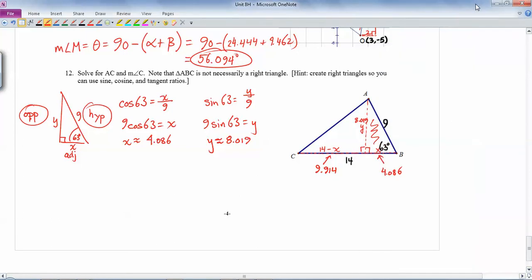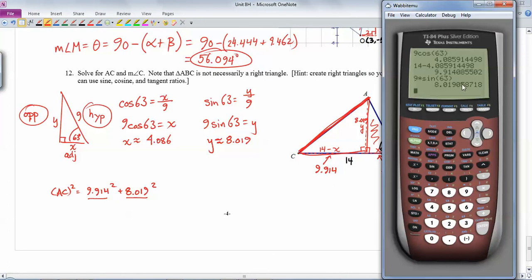So this guy right here is 8.019. Okay, so one of the things I need is AC. Well, in order to get AC, we don't have any angles, so I can't use trig, but I can use Pythagorean theorem here on this right triangle. So AC squared is going to be 9.914 squared plus 8.019 squared. I actually have the full decimals still in the calculator, so instead of just rounding, I'm just going to cut and paste that and square it, and then add the other answer that I have and square that, and then I don't have to worry about the rounding.